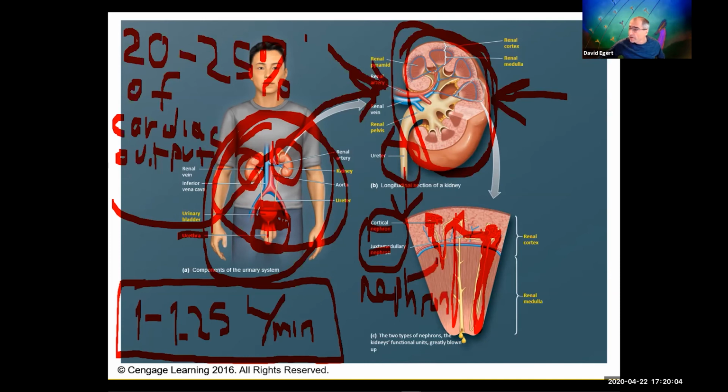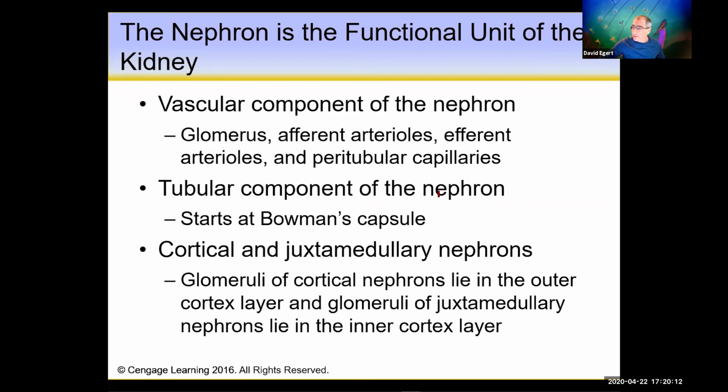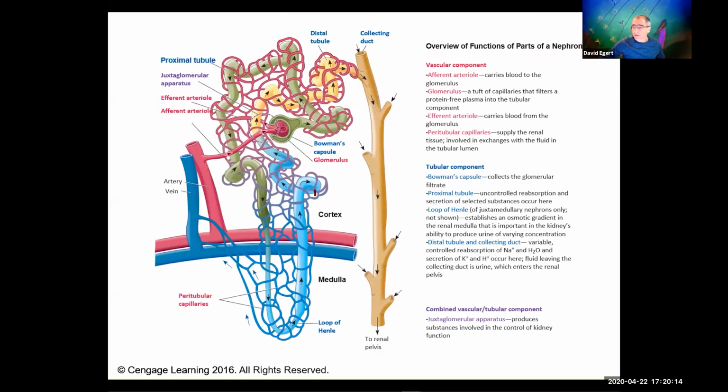So the nephrons are the repeating subunits that make up the kidney that do all the cool stuff that we care about. Here you can see a real nephron is really kind of wacky. And we will get into this, but that will be next week. So let's get back to just more overview right now.